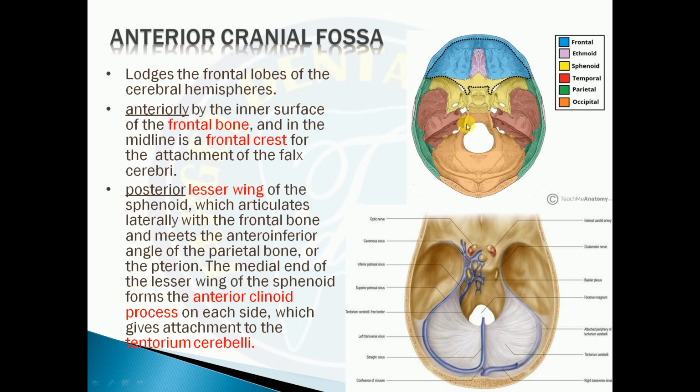See, your lesser wing of sphenoid articulates laterally with the frontal bone and meets the anterior-inferior angle of the parietal. This is the parietal bone.